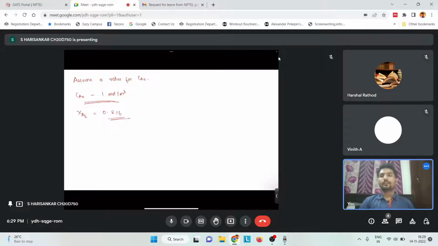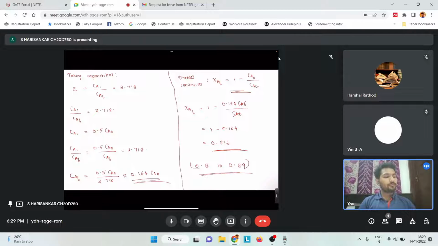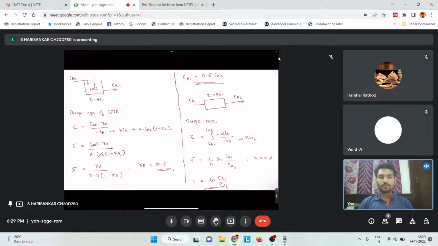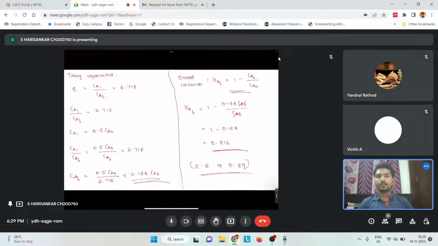So that is one way to do it. So one way is, as I just showed before, you just take the variable as the variable. So here we took CA1 and CAF as terms depending on CA0. So we represented CA1 and CAF in terms of CA0, and then we just cancelled out that CA0 term in the final calculation of the conversion.